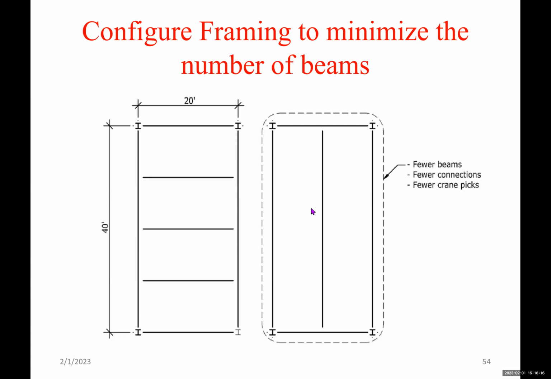I was asked a question here, that gusset plates are designed by the fabricator. Well, yeah, we talked about if you delegate that, they will design it, but you can set the geometry.